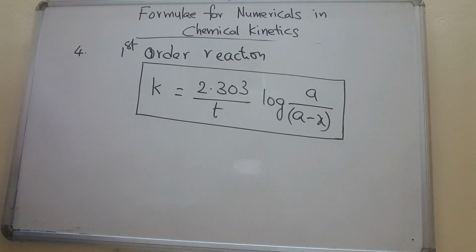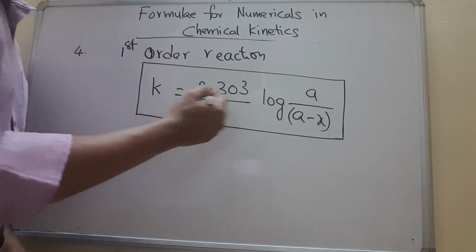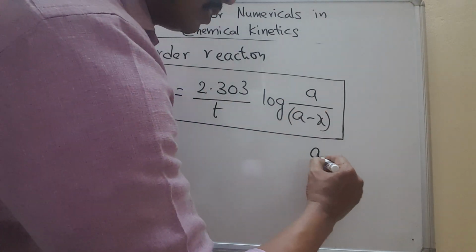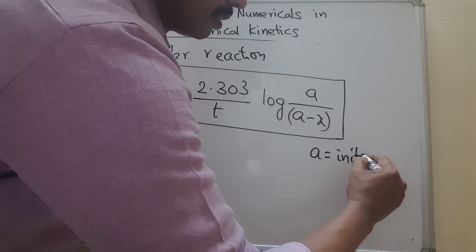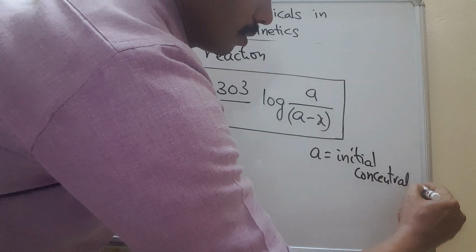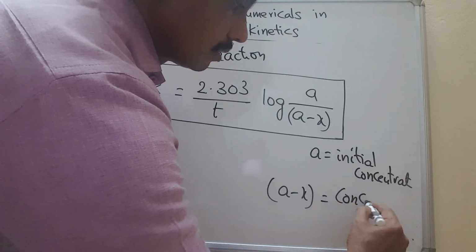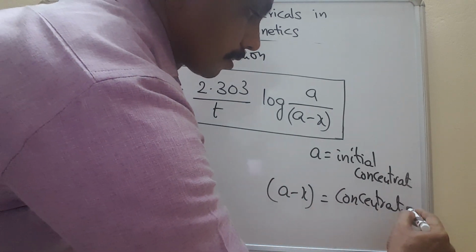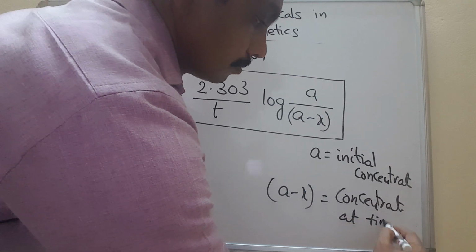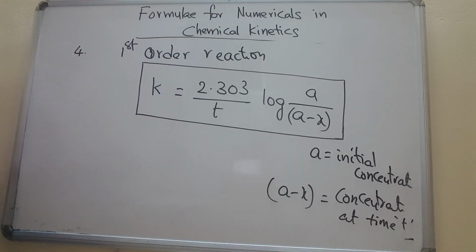So what do the terms represent here? K is the rate constant, t is time, and a is the initial concentration. We just changed the terms, but the meanings are the same. a is the initial concentration, and a minus x is the concentration at time t. So what is the concentration left at time t? That is called a minus x.